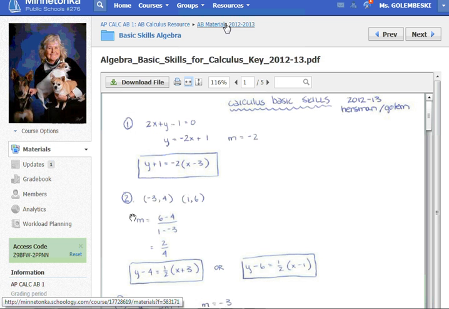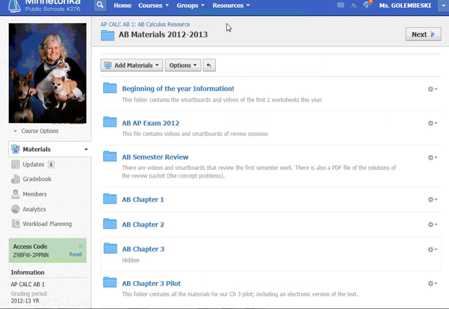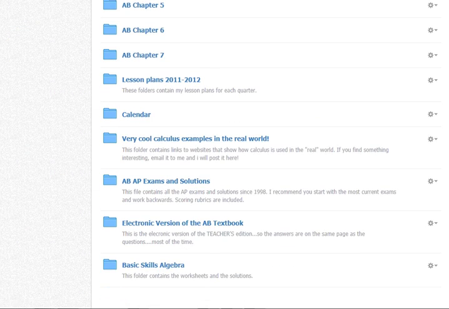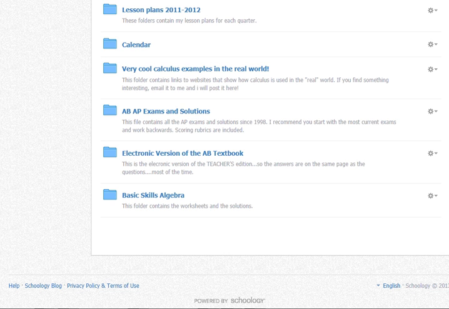Sometimes it's difficult when I'm at the smartboard. Okay. You go into the materials, and you might have to go down a little ways. I can put it up at the top if you want, but there it is. Basic skills algebra. It should come up.